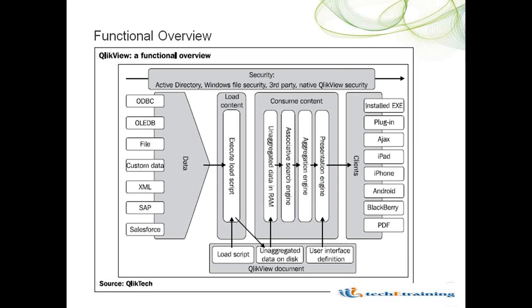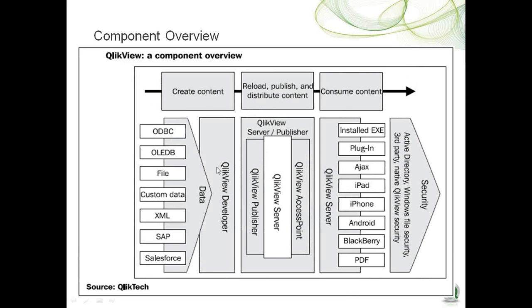So how can we handle these facts? We can either create a link table, or we can concatenate these facts if the granularity is the same. All this kind of transformation can be performed in the QlikView script editor, and once the transformation is performed in the script editor, that clean data is loaded into the final data model.